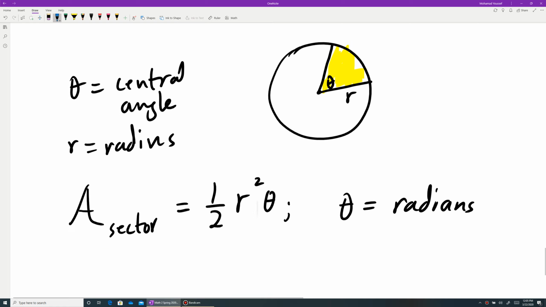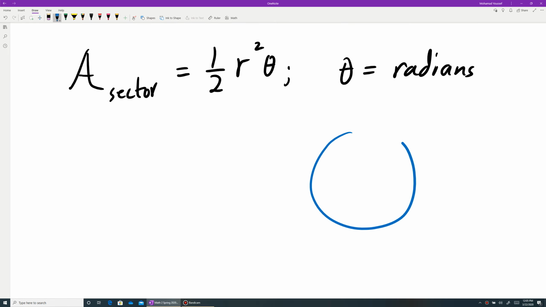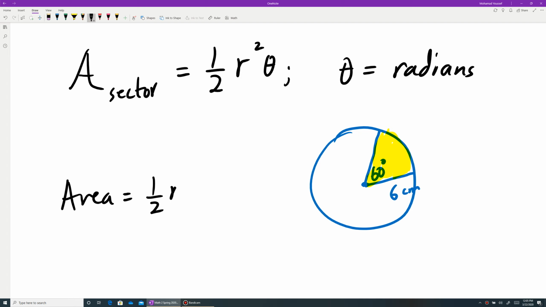So if we are asked to find, let's say we're given this, with radius 6 centimeters, and let's call this 60 degrees. We need to find the area of the shaded sector. So the area is 1/2 r squared theta. One thing to note here, theta is 60 degrees, so we have to convert it.